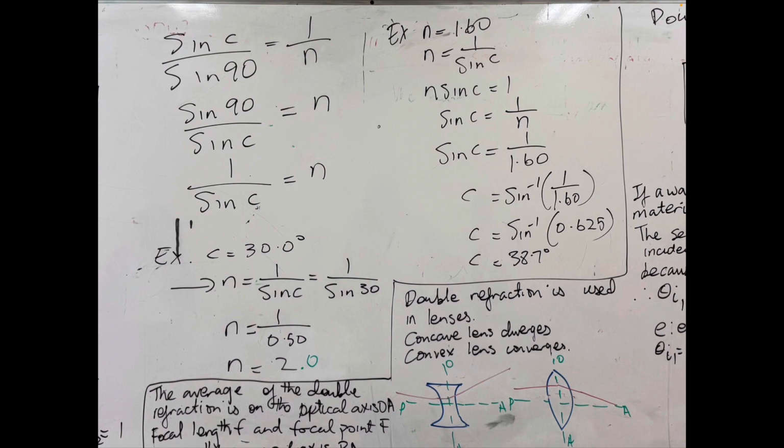So C is equal to sine inverse of 1 over 1.60, which will give me sine inverse of 0.625. Therefore, C is equal to 38.7 degrees. So you must put the sign for degrees, which is the circle to the top right of the number. Okay? All answers must be in 3 significant figures. All substitutions must be shown.